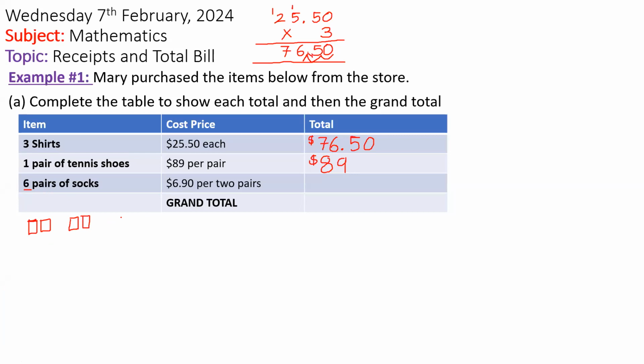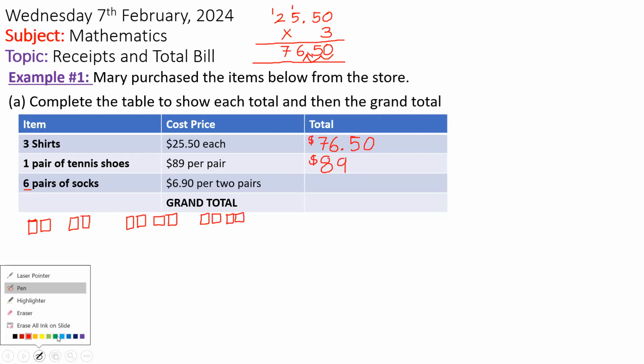And then we have this next one, another 2 pairs, so that's 4 pairs. And then that's 5 pairs, and then this is 6 pairs. Good.